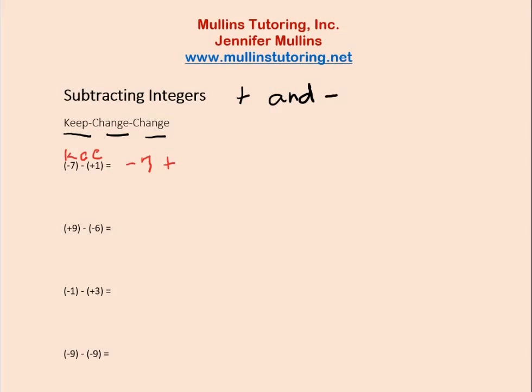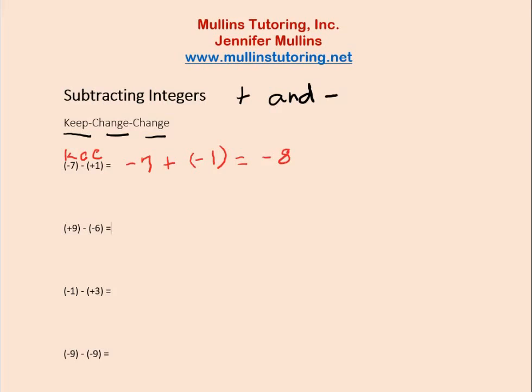And then I'm going to look at +1, and I'm going to change that sign to -1. So now I've got it set up as an addition problem. Since the signs are the same, I'm going to add the two negatives together. So I'd have -7 plus -1, and that will give me -8.